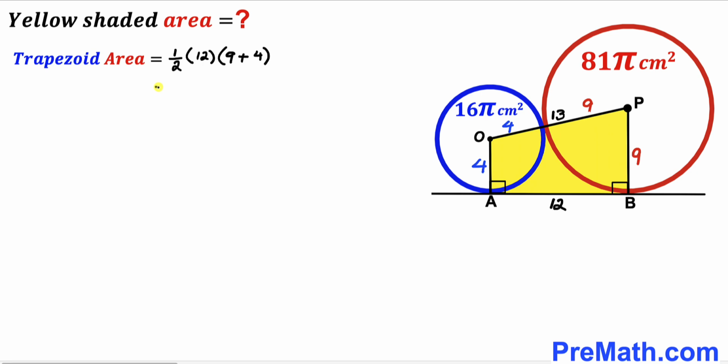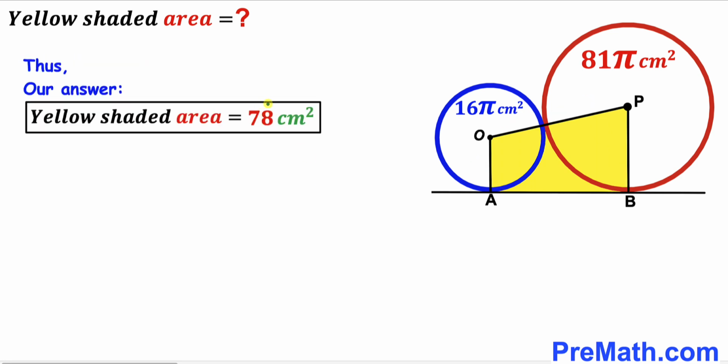So therefore, this could be written as 6 times 13. So if we multiply, we are going to get 78 centimeter square. So thus, after all the calculations and manipulations, the area of this yellow shaded region turns out to be 78 centimeter square. And that's our final answer.